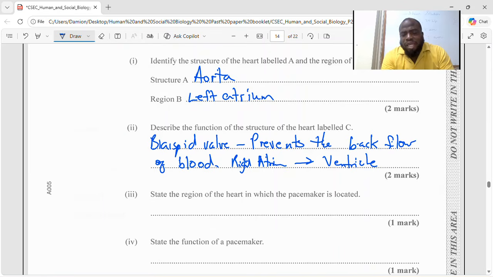Now remember we said that we have double circulation happening in the heart, which means that the blood goes through the heart twice. So the pulmonary vein would have been the vessel that would have carried the oxygenated blood to the left side, so the left atrium, then the ventricle. Now, speaking back to the bicuspid valve, when the blood enters the right side through the atrium, it's going to be passing through to the ventricle. So to prevent the blood from going back into the atrium, we have those valves.